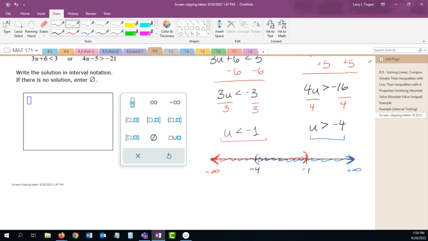So anywhere on that number line that has the color red or the color blue or both is a solution. That's every single number up there, right? So since that's every number up there, the solution set is everything. And everything is start at negative infinity, go to positive infinity.